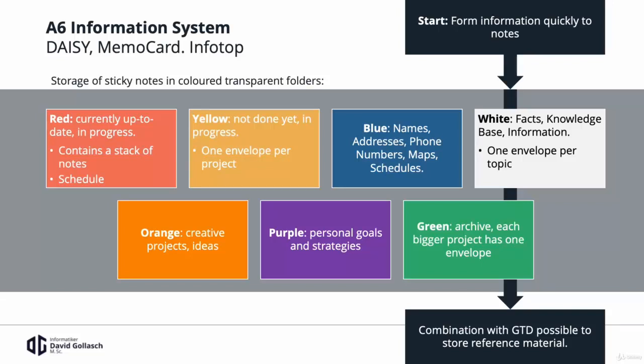But that only contains what is currently on your to-do list and in progress. If you say, okay, I'll do this later, I'll postpone this, then there is the yellow folder here. So the second one. This folder contains everything that is not done yet and is not directly in progress.